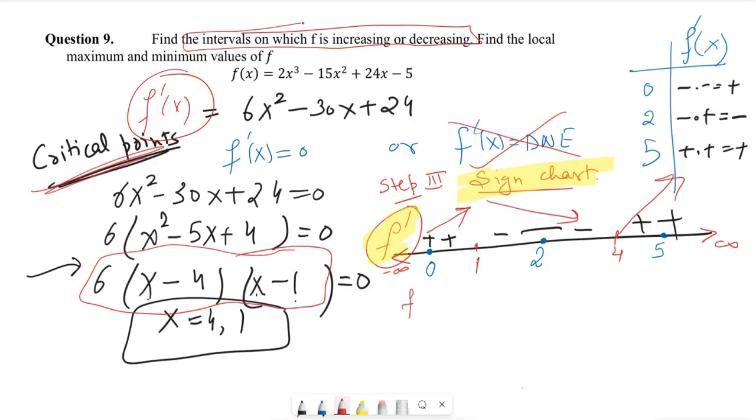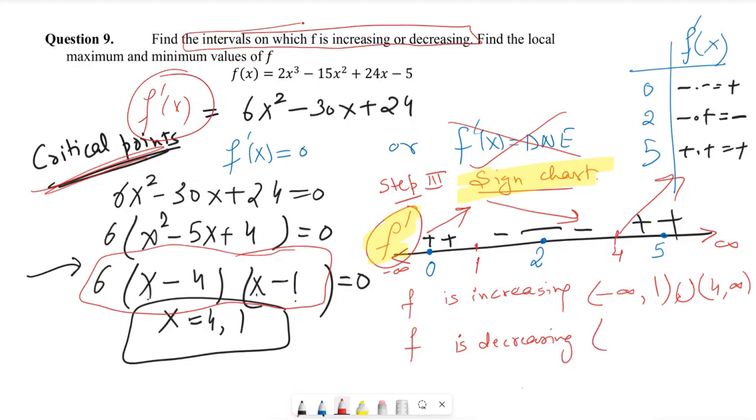So f is increasing on interval negative infinity to 1 and from 4 to infinity. F is decreasing on 1 to 4. Okay. So these are the first answer, increasing and decreasing.